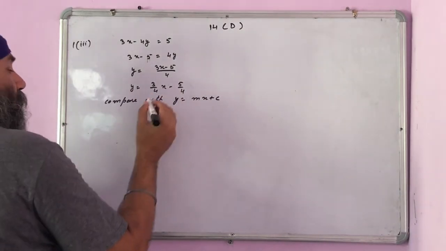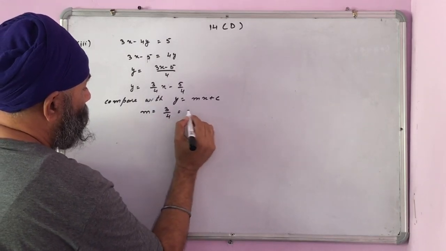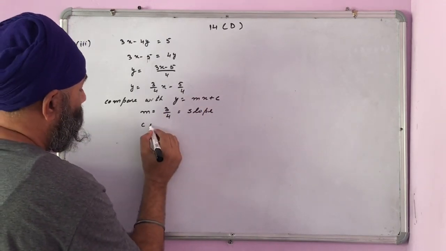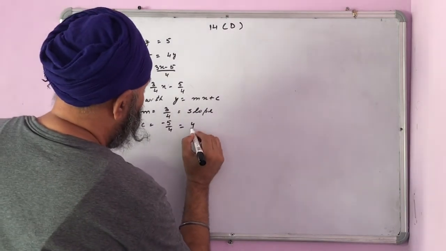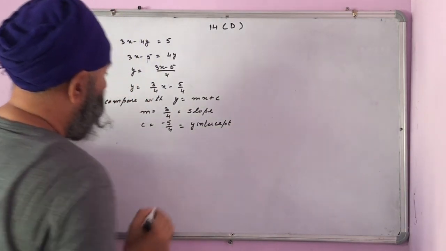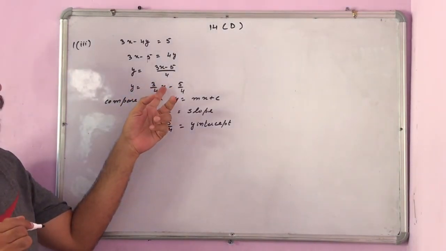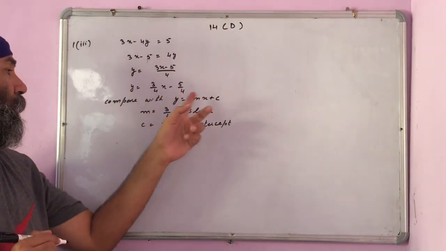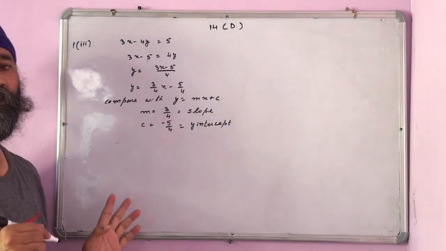So slope is 3 by 4. c is y-intercept, that is minus 5 by 4 is y-intercept. So we make y the subject, then the coefficient of x is slope, and the term without any variable is c or y-intercept. So it is an easier one.